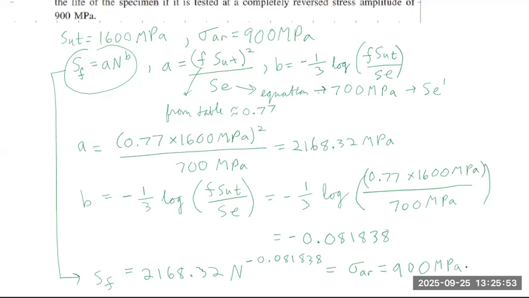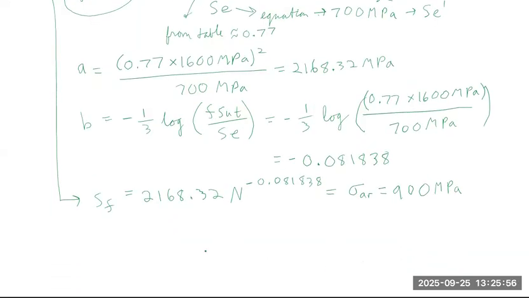So it's equal to 900 megapascals. And thus we can solve for n by doing 900 divided by 2168.32, and we take the log of that. Or actually alternatively, we don't have to be that complicated.